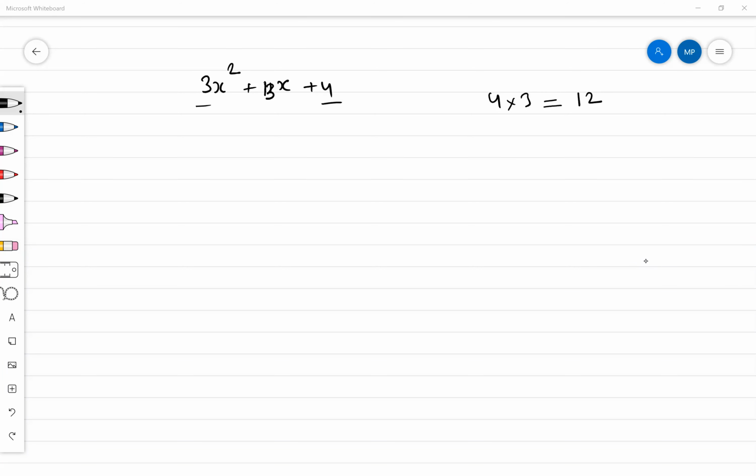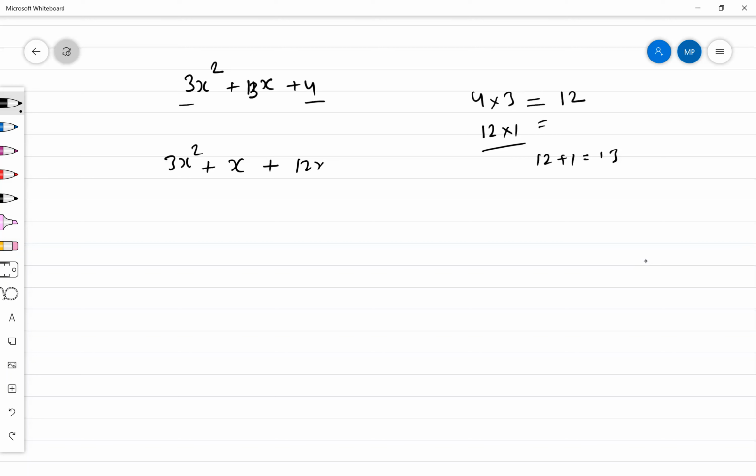Okay. So 12 and 1, two parts, and 12 plus 1 gives me 13. So 3x square plus x plus 12x plus 4. So from here I can take x common, so I'm left with 3x plus 1.